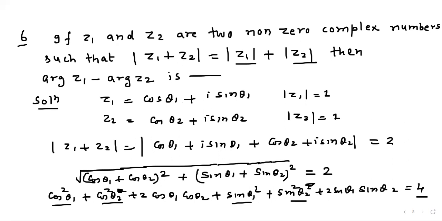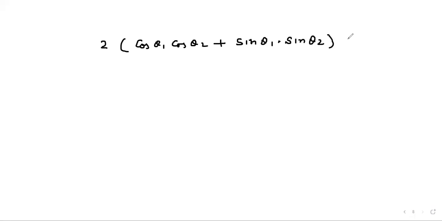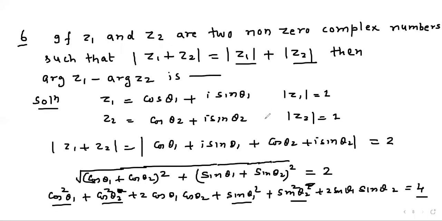So we can write it like 2 common cos theta 1 cos theta 2 plus sin theta 1 sin theta 2 equal to, 1 plus 1 is 2 plus 2, sorry, and there's one mistake here. If we look back, this is 4, so this is 1, 1, 2. Okay, so now it is correct.